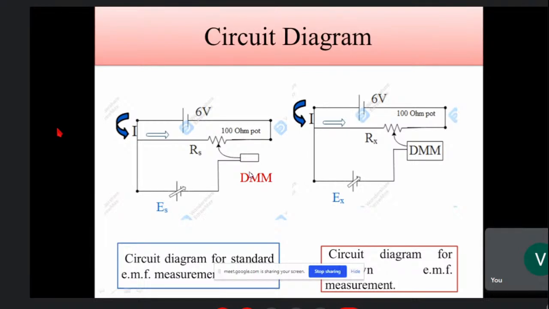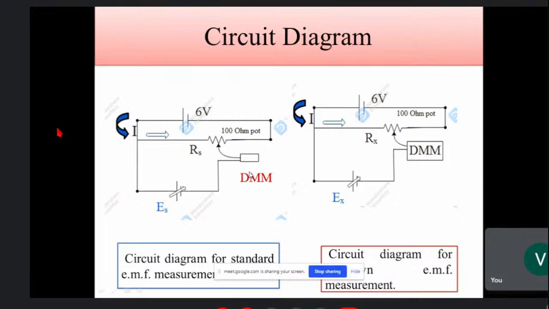Under which condition will this come? Okay, so when this is null condition, once again 6 volt is passing through this 100 ohm. So I is equal to 60 milliampere. Now 60 milliampere going through Rx, suppose that is 30 ohm or whatever. So 30 ohm into current gives the voltage.